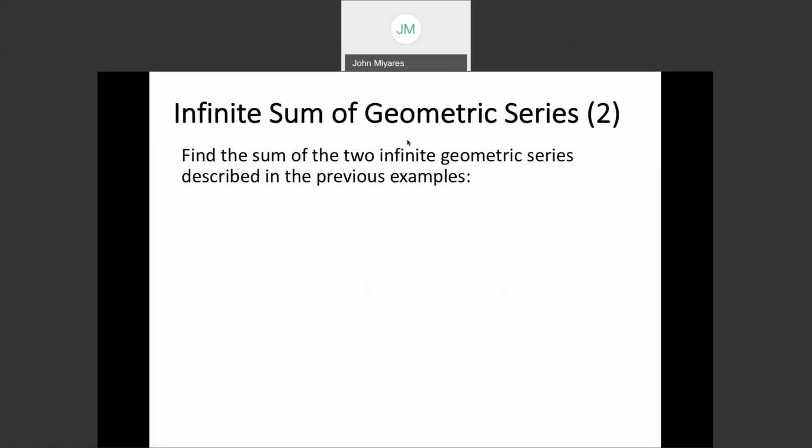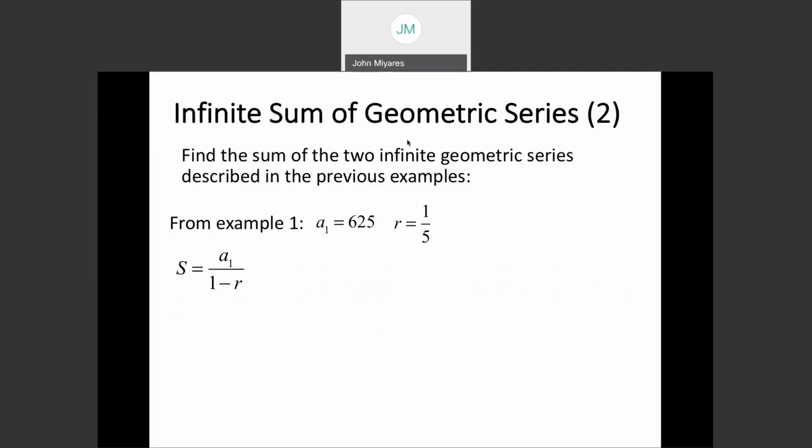To see this formula in action, we're going to look at the two examples we've worked with already in this section and see what the sum of the infinite geometric series looks like. From example 1, we had a geometric series whose first term was 625 and whose common ratio was 1/5.